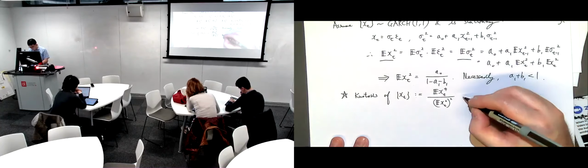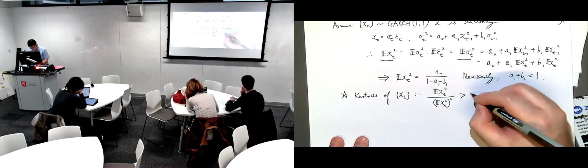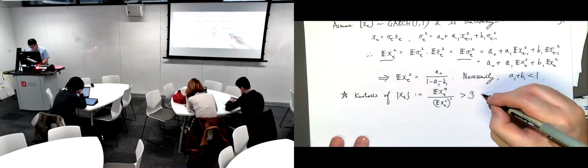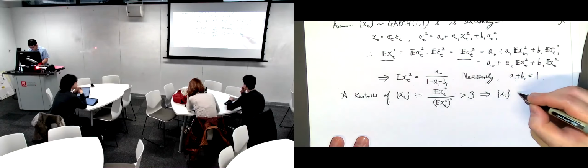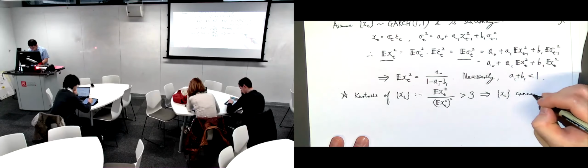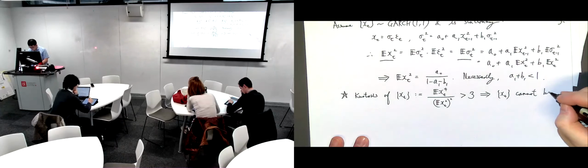So fourth order moment divided by square of variance is always the definition of kurtosis. And I'm going to spend a little bit of time to show you that this is larger than 3, okay? And it implies that your Xt cannot be a Gaussian process.